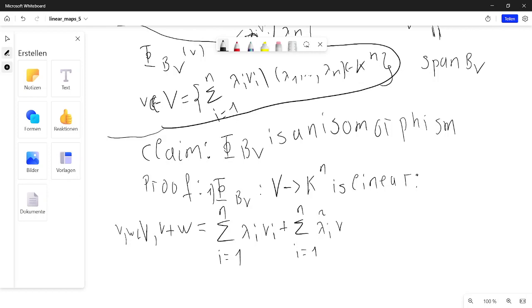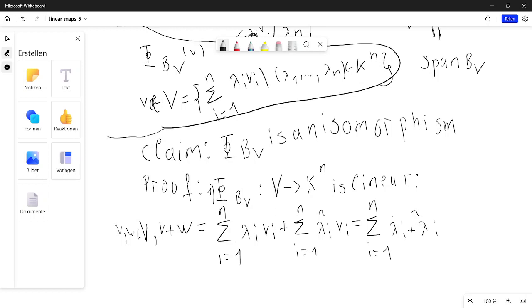That's now the coordinates of v plus w, right? And then we just use the most basic vector space arithmetic, distributive law, commutativity and things like that, which is not even worth mentioning.